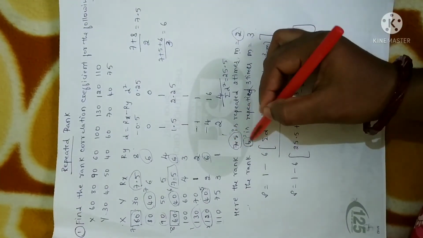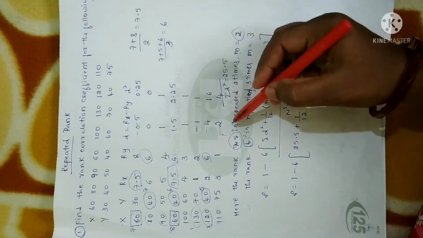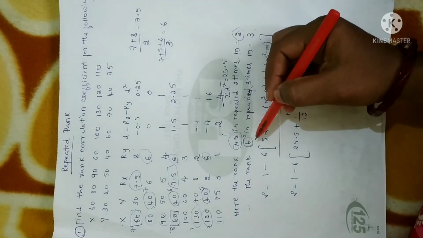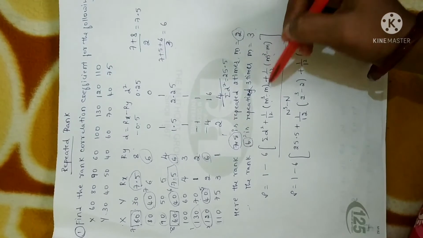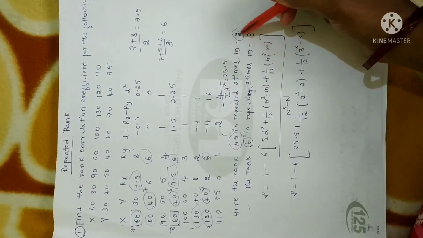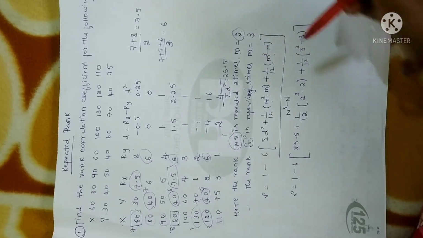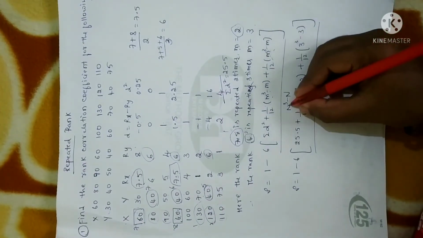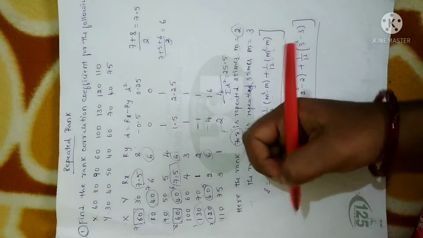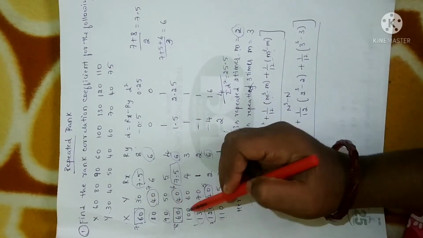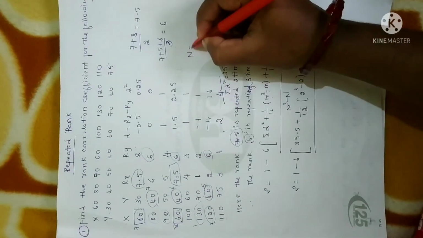Now we are counting these terms for taking these terms. Since only 2 ranks, that is 7.5 and 6, are repeating, we only have to take 2 terms of this. The m value is 2 for the first term and 3 for the second term. Divided by n, as usual, it is the number of data given: 1, 2, 3, 4, 5, 6, 7, 8. So the n value is 8.